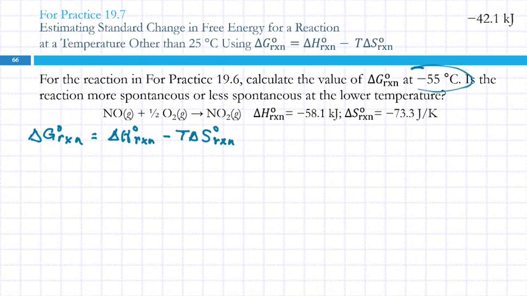So T is negative 55, so 273 minus 55, so our temperature is 218 Kelvin instead.